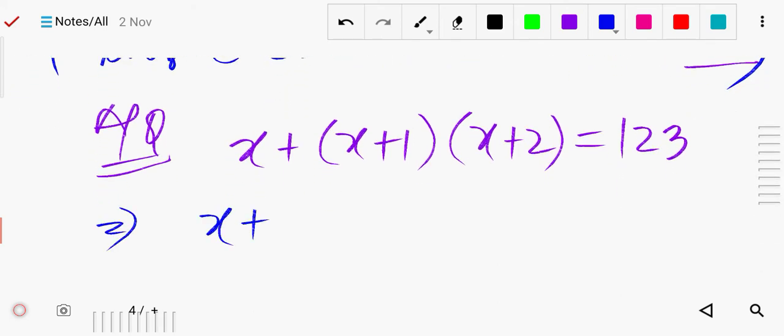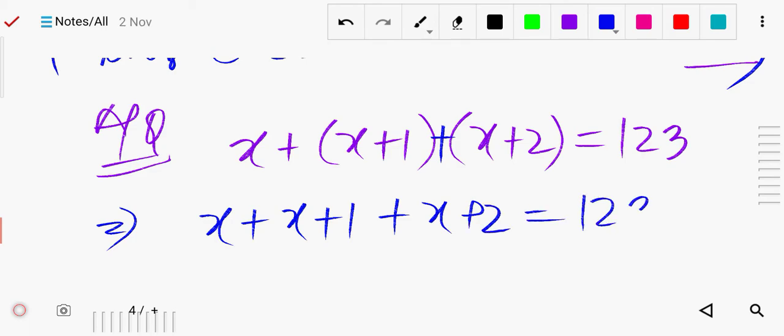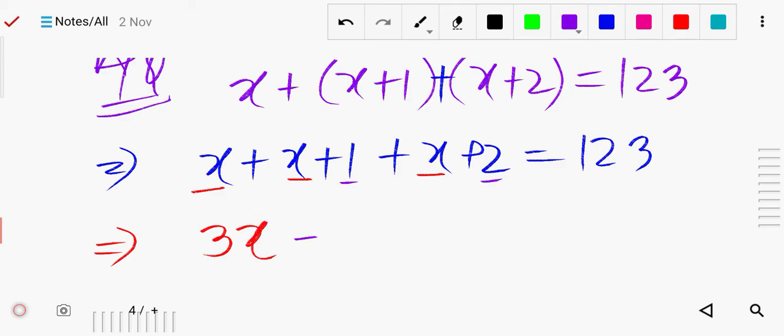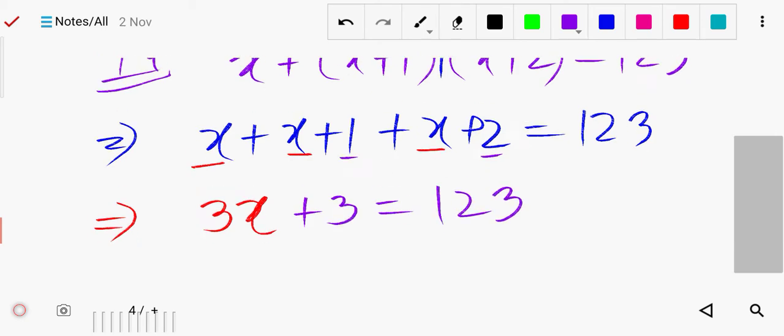So x plus 1, and here x plus 2, which is equal to 123. Now the same variable we can add: x plus x plus x will be 3x. The 1 and 2 we can add, so it will be 3, equals 123.